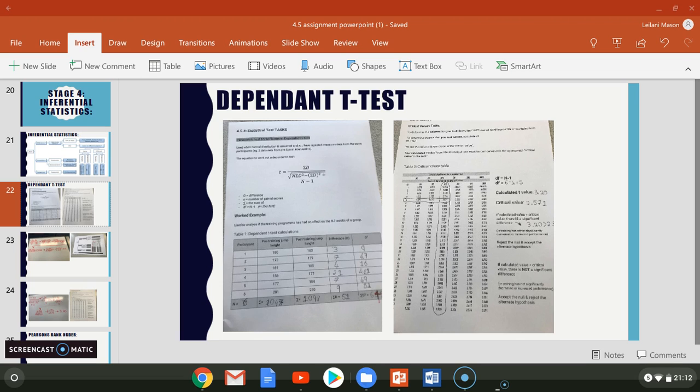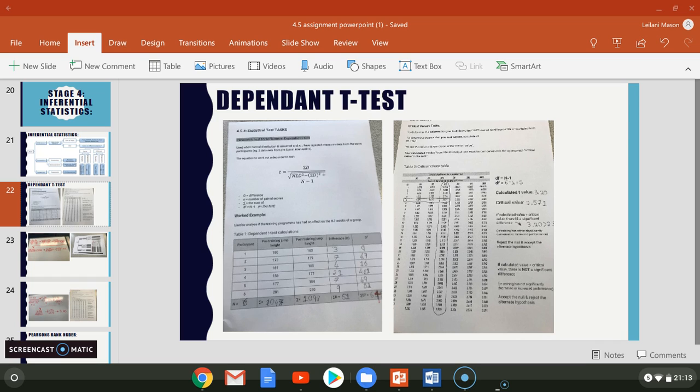So this shows that if the t-value is 3.2, then 3.2 is greater than 2.5, so it is significantly different. After calculating your t-value, you compare your results to the critical value and find your df.